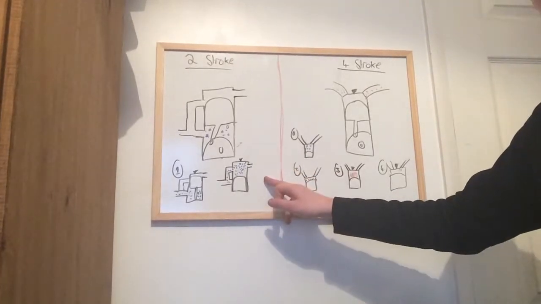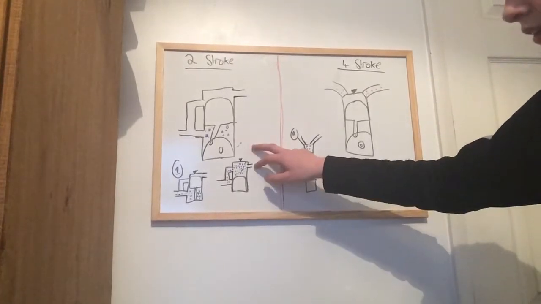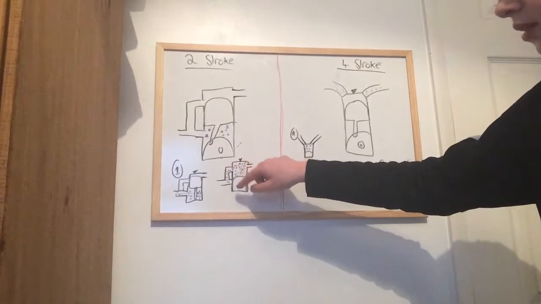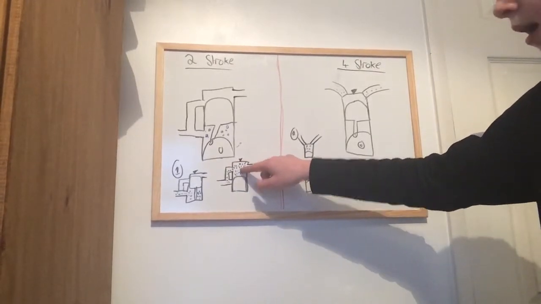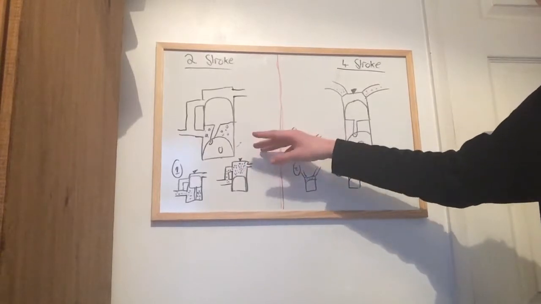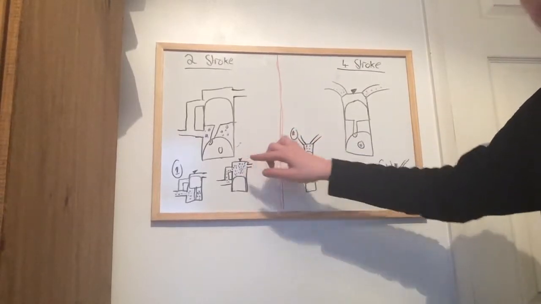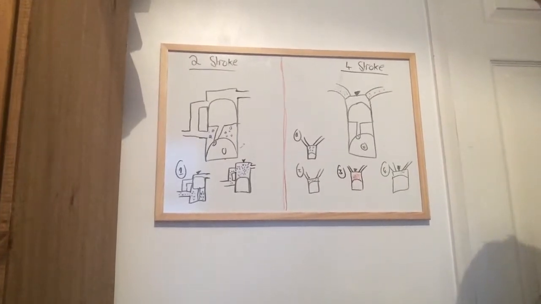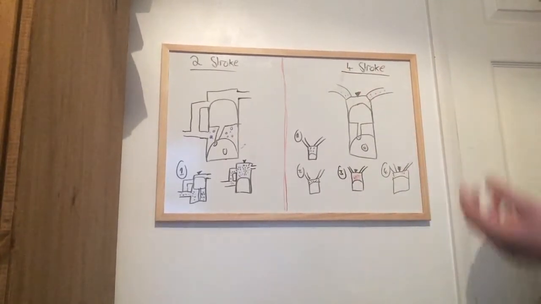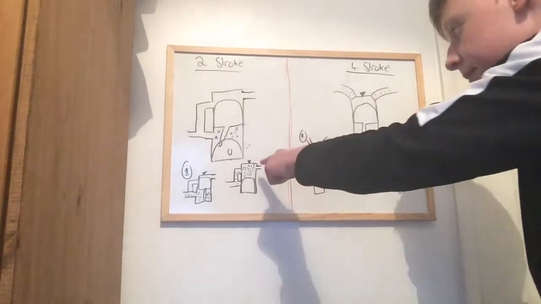Now what happens here is it gets ignited as soon as it gets into the chamber of the cylinder. The spark plug fires, meaning it explodes. We'll be talking about that another time, but yeah, temperature is when the spark plug ignites.